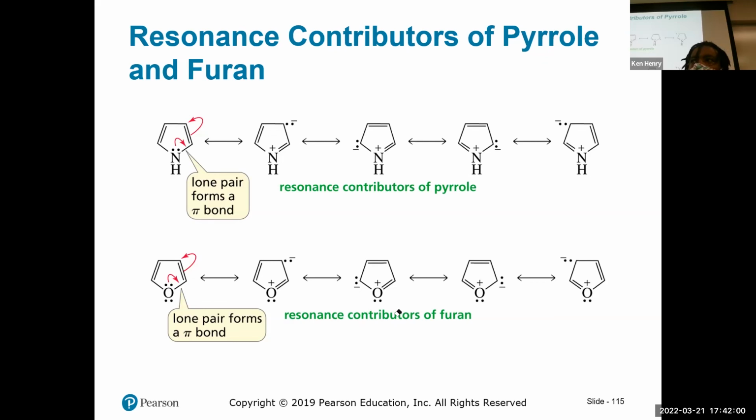So this is the case for pyrrole, very similar process. Plus minus, plus minus, plus minus, plus minus. So these are all the different resonance structures. And so we'd get that hybrid structure where we'd get minuses being distributed out over the entire ring compound.